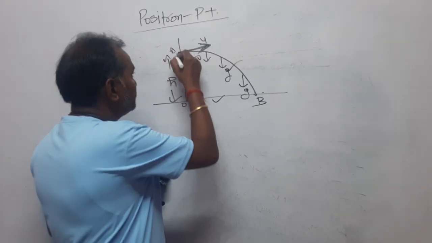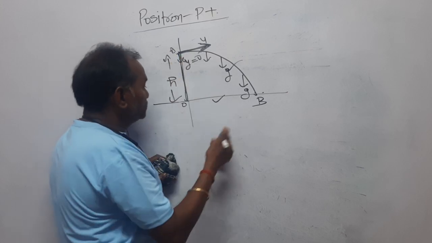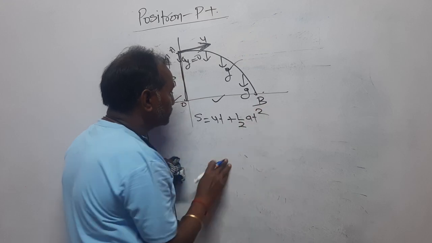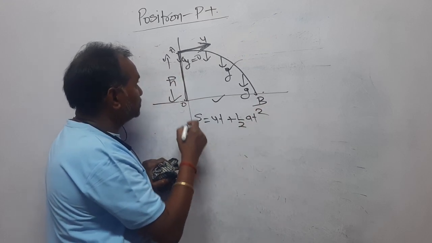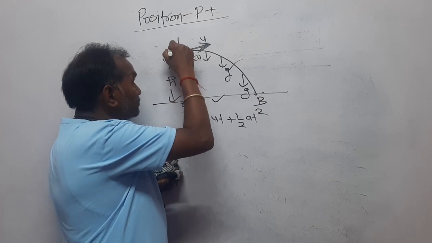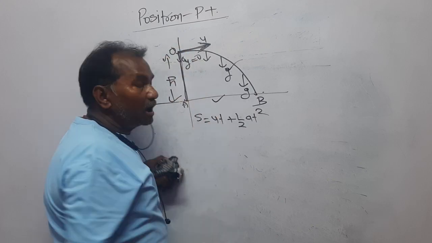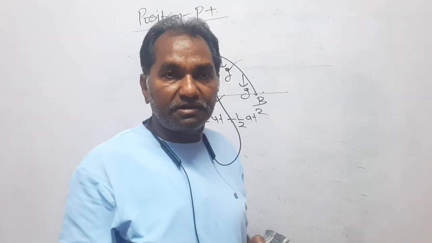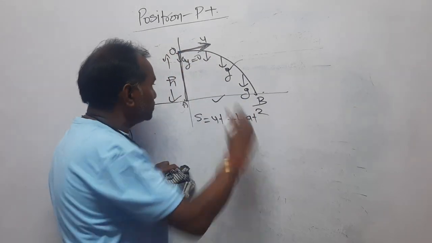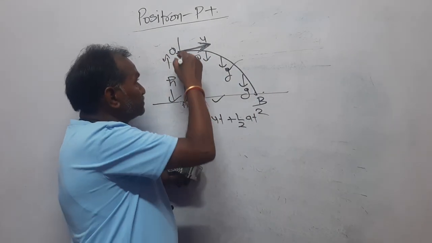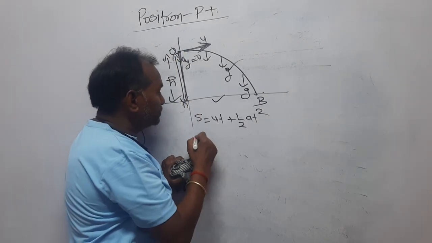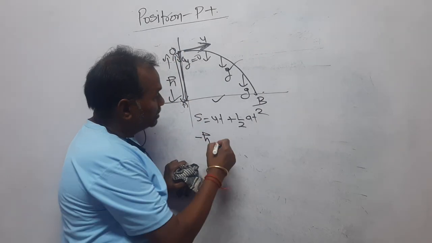Now dear student, if you consider this much, then you know S is equal to ut plus half at square. For the vertical motion, S is, dear student, from here to here. Always take the point of projection as the origin. If you are applying vectors, then always consider the point of projection as the origin. Let it be your origin. The body is projected from here. Now vertically this much displacement you will cover, so you will write minus h, right?